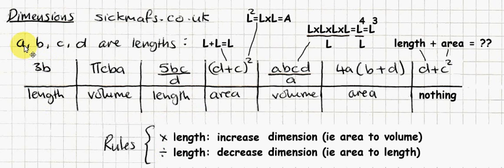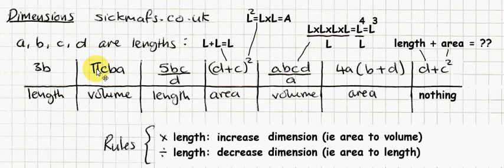They say there are lengths A, B, C, and D, and then they tell you that pi is a number. If they don't say that, they will put pi in there and try to trick you, pretending it looks like a letter, but it doesn't represent a letter; it represents a number.